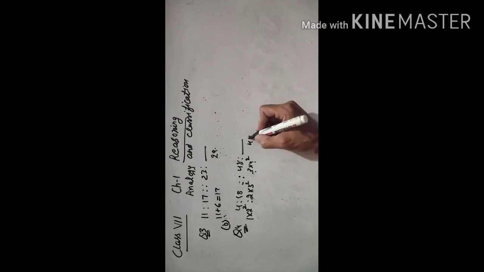Now 4 into 5 square, that is 5 square is 25, 25 fours are 100. So the fourth is 100. C is the option.